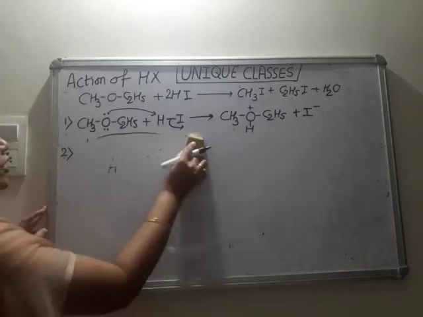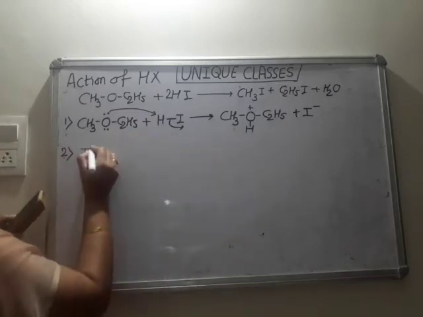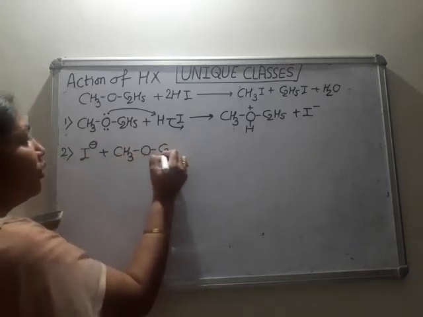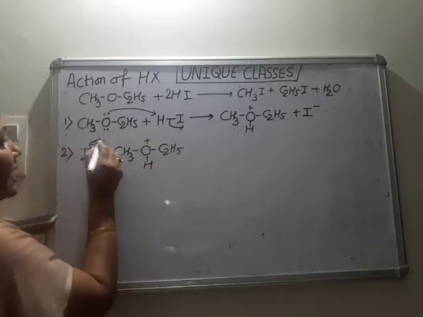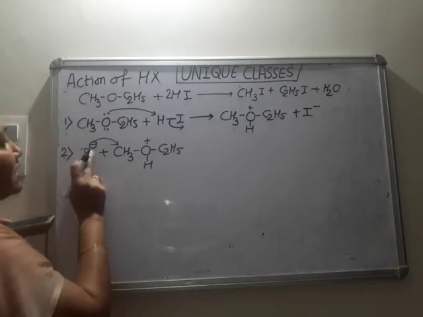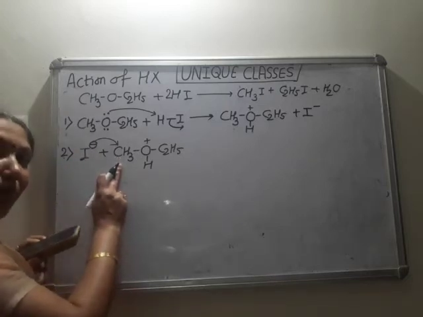Or to simplify this, I will write here I minus, and it reacts with CH3OC2H5 with H plus. This I minus attacks this CH3 easily, meaning this I minus is offering partnership to this carbon to form a bond with it.